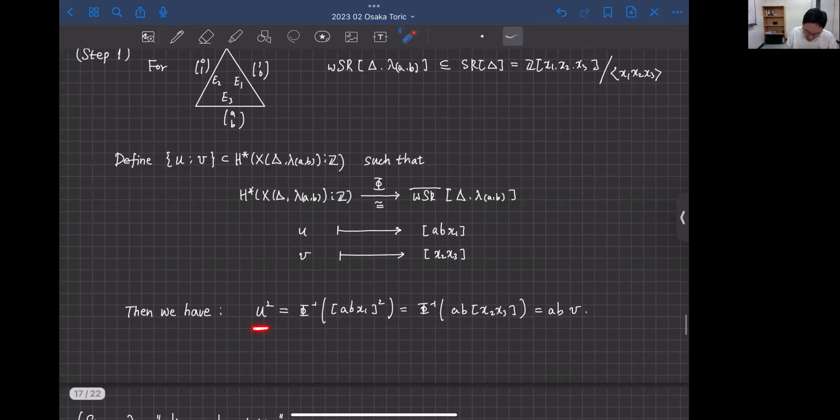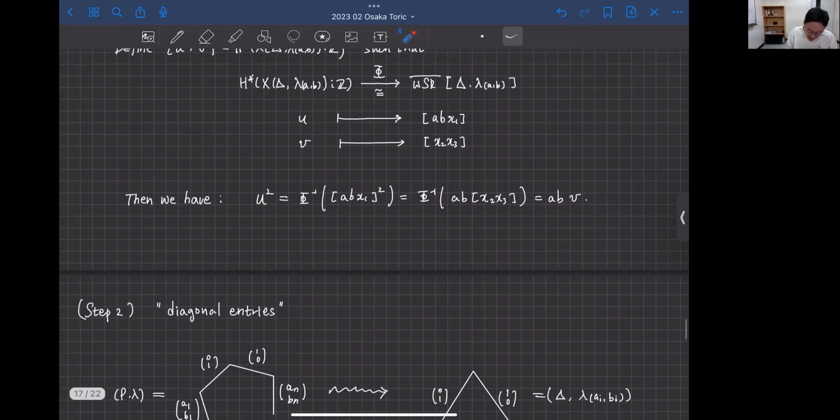Then we can calculate the product structure u squared at the level of this Stanley-Reisner ring, because it is easy to compute the product by just polynomial computation, right? So u squared is this one, and this element is ab times the degree 4 generator as above, and phi inverse of x2 x3 is the degree 4 generator, so this is ab times v, right? So this is the precise computation for the case of the triangle example.